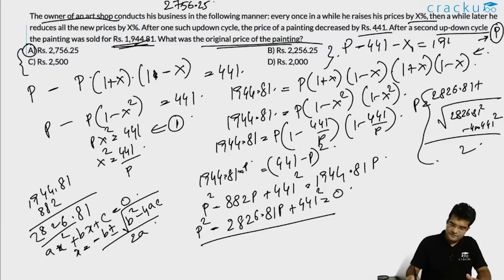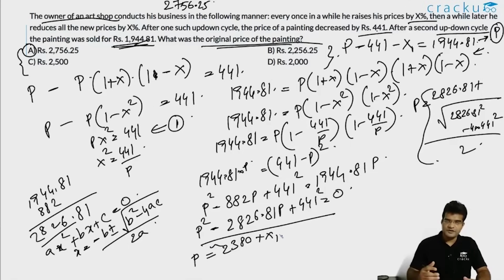Then P minus 441 minus X1 is given as 1944.81. So the value of P, which is the original price, will be 1944.81 plus 441, which is roughly around 2380, plus X1. Now X1 is the decrease that he gets during the second cycle.